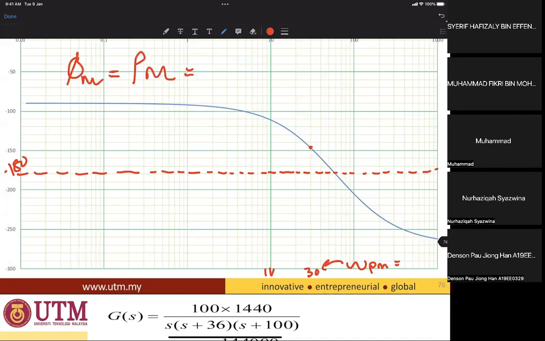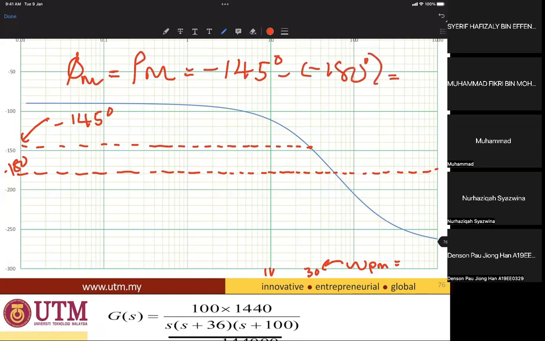The phase at that frequency is negative 145, so the phase margin is 55 degrees.